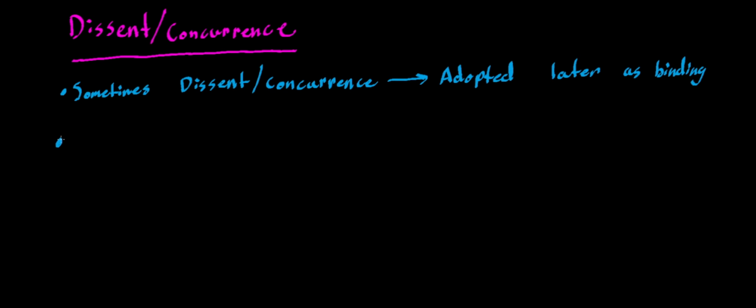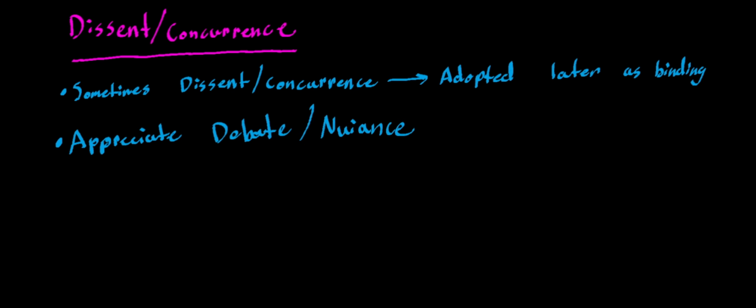The second reason why you might want to include the dissent or the concurrence is to appreciate debate or nuance. So this happens a lot with constitutional issues.